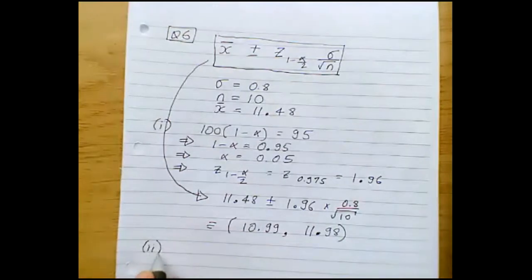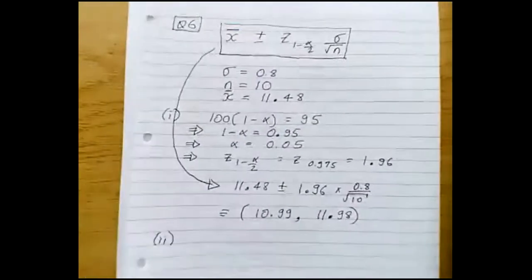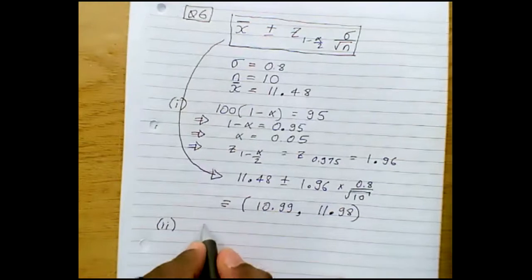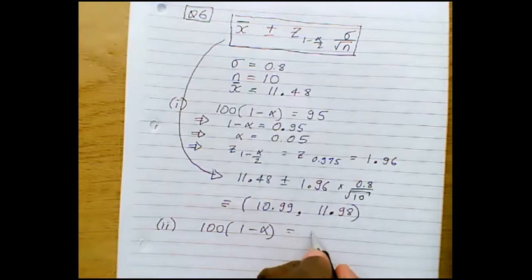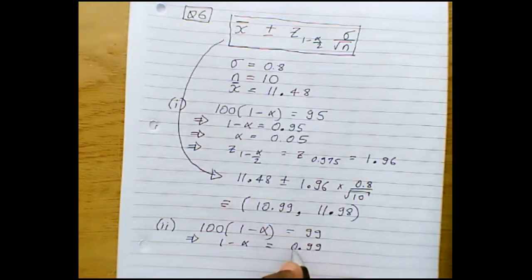For part 2, we are looking for the 99% confidence interval. So 100 times 1 minus alpha is 99. So your 1 minus alpha is 0.99, and your alpha is 0.01.